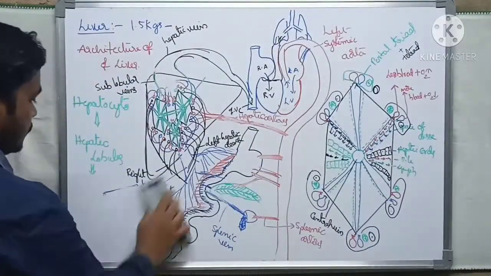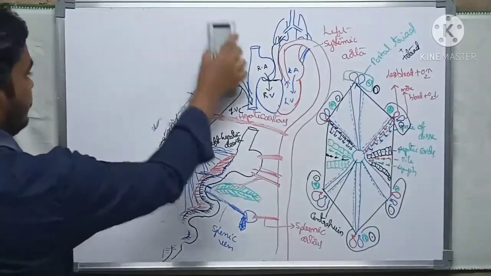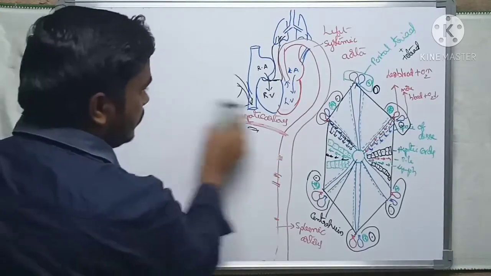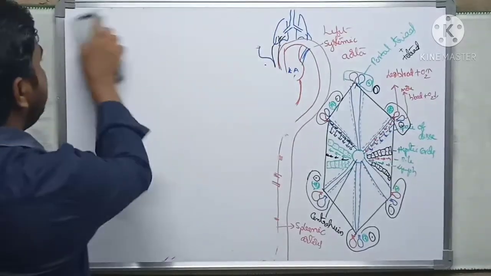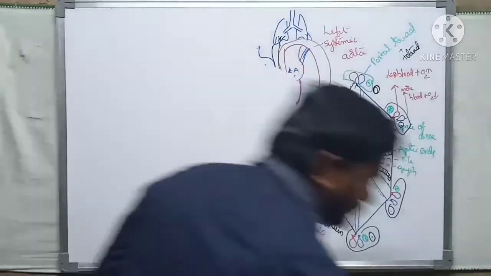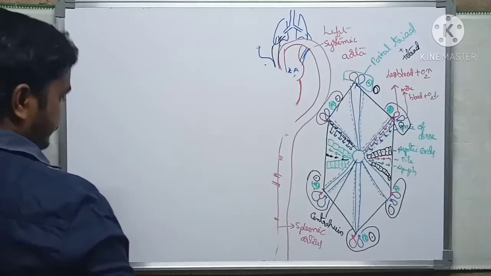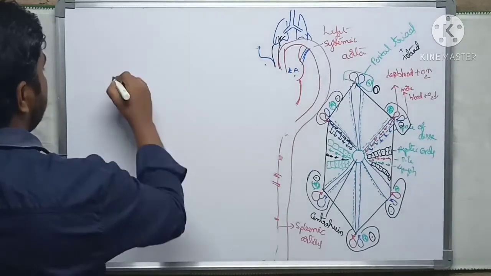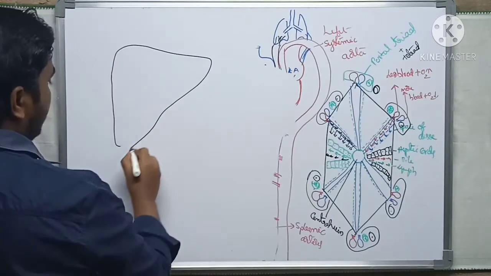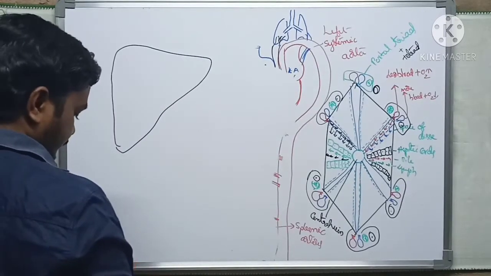Those hepatocytes, the right hepatic duct and left hepatic duct are described in this diagram. So we will observe simply. First and foremost, this is our liver, actually a bilobed liver.